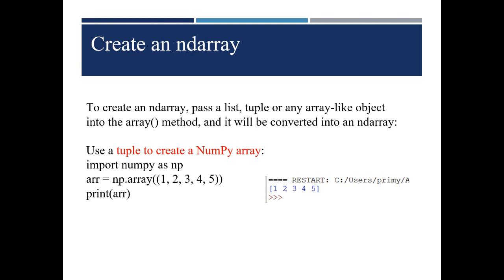To create an ndArray, pass a list, tuple or any array-like object into the array method and it will be converted into an ndArray as shown below. arr = np.array((1, 2, 3, 4, 5)), that is a tuple. It will show the np array as 1 2 3 4 5 as shown in the output.